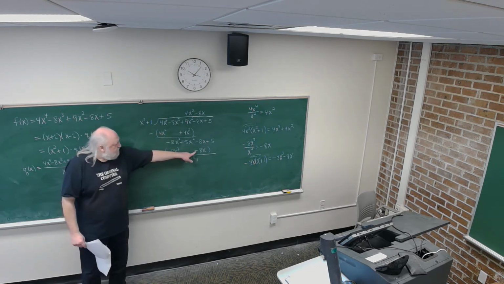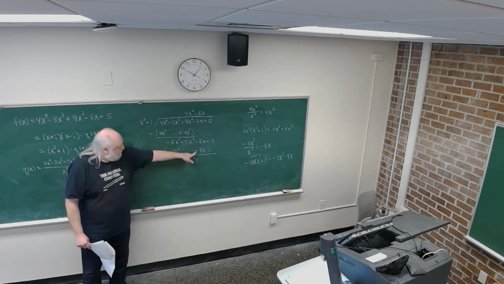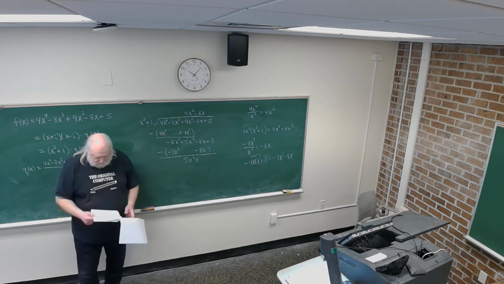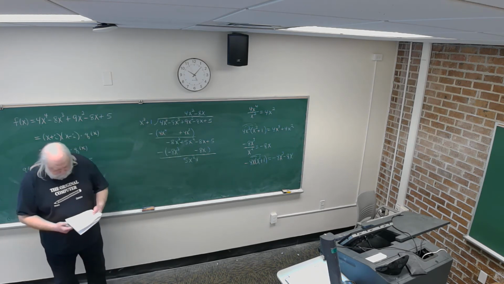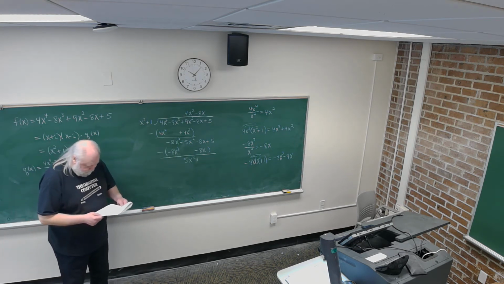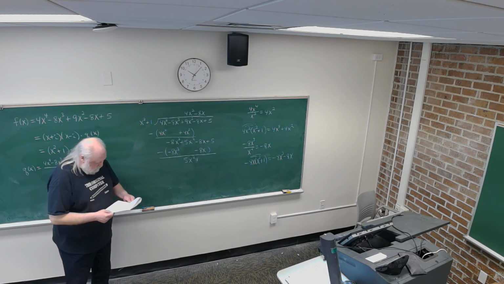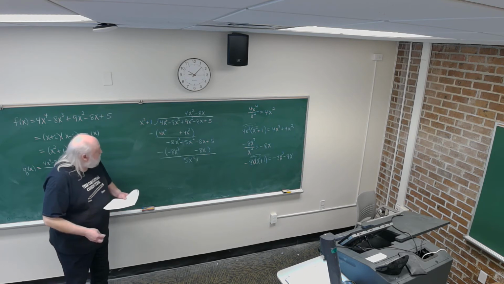And then this minus 8x becomes plus 8x, and plus 8x minus 8x is 0. So we're just left with 5x squared, unless I made a mistake, which appears I have not.